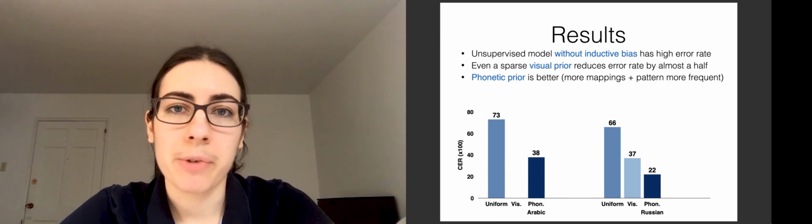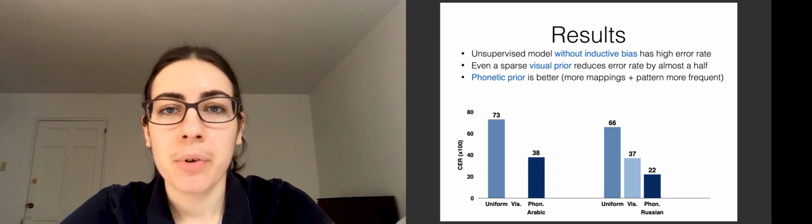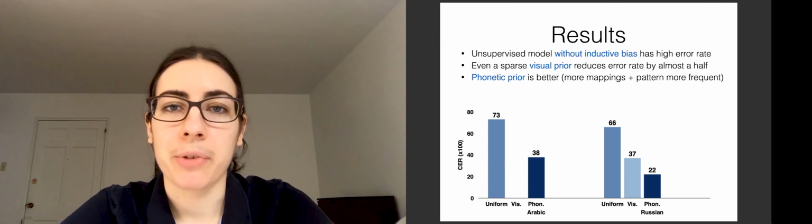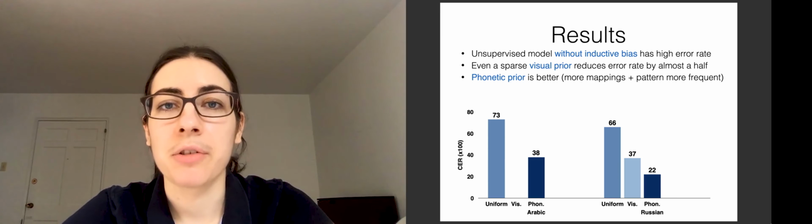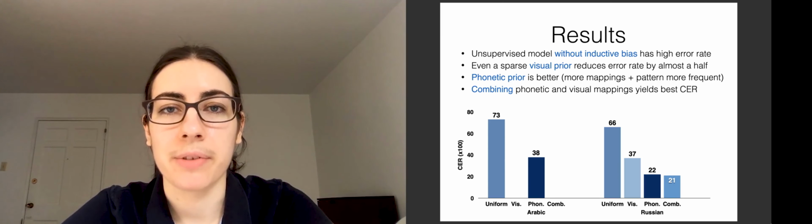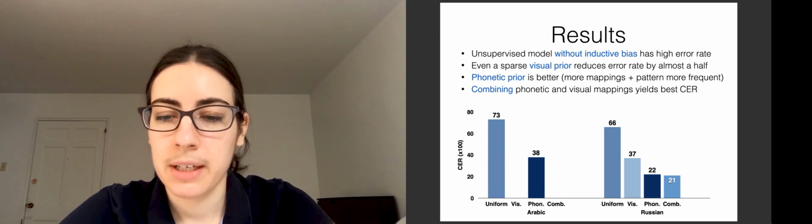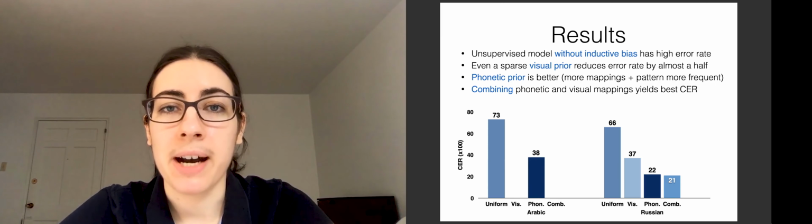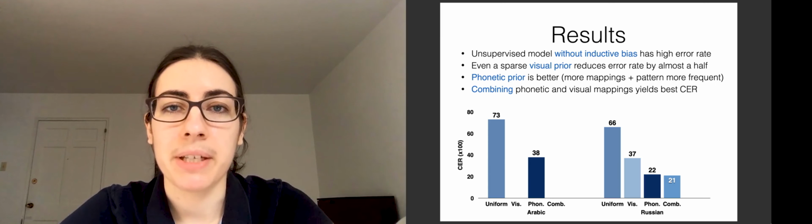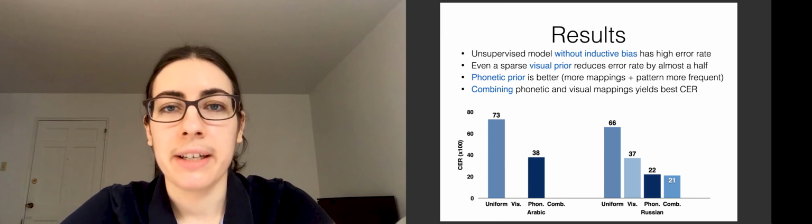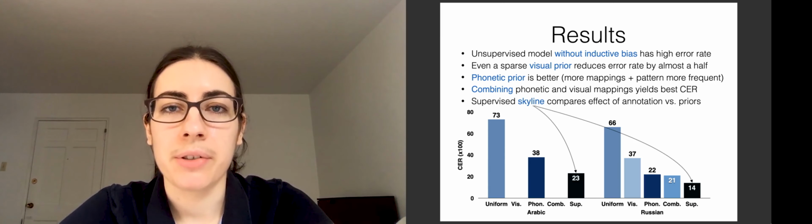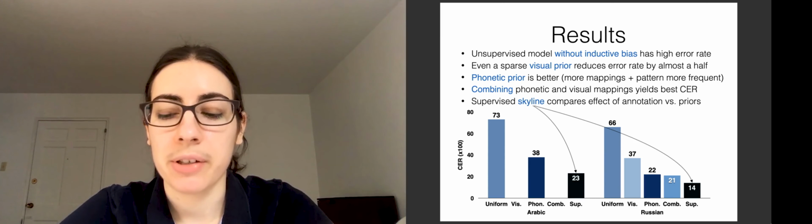The phonetic prior works better than the visual prior, most likely because it contains mappings for more characters and because users tend to prefer phonetic substitutions over visual overall. Finally, for Russian, we can combine the visual and phonetic mappings in a single prior, and this gives us our best performing unsupervised model.